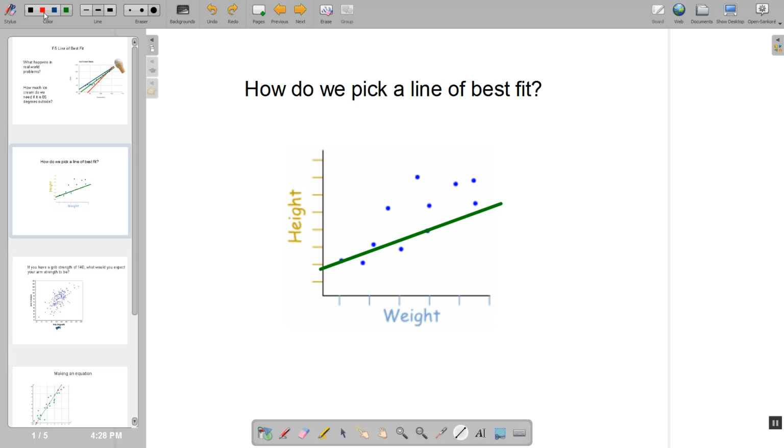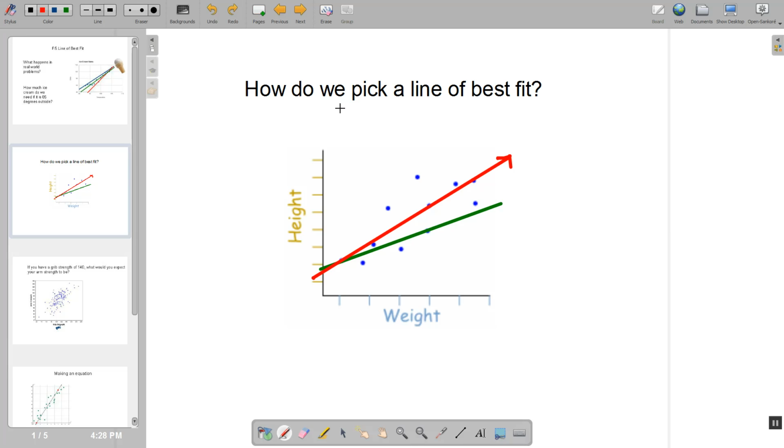So I say this is not the best possible line of best fit. What I frequently do is look through my points and try to find a place that seems like it can cut through as many points as evenly as possible. And I would say that the red is our best possible line of best fit. But everyone's lines are going to be a little bit different.